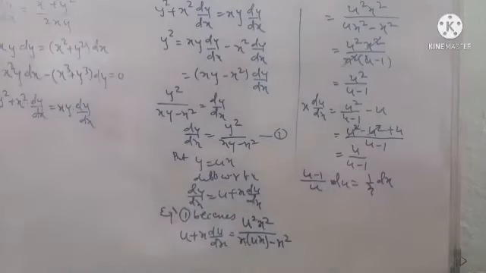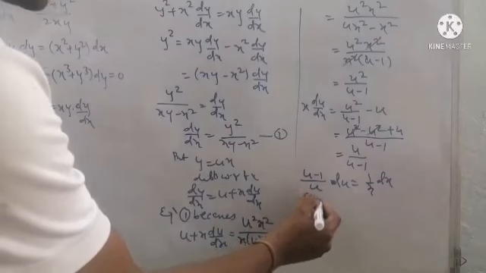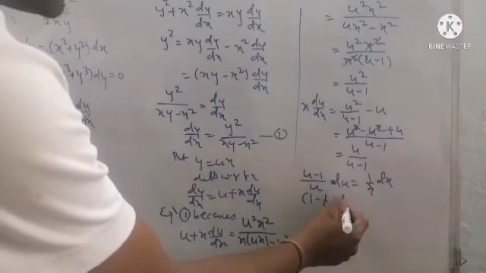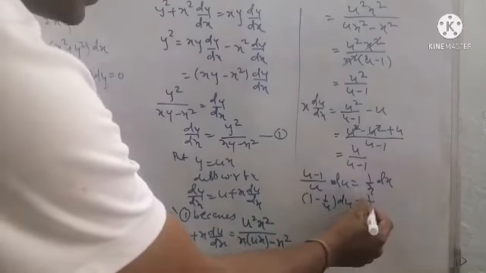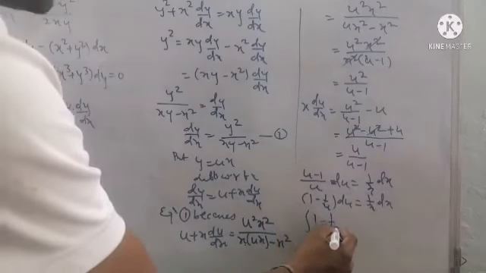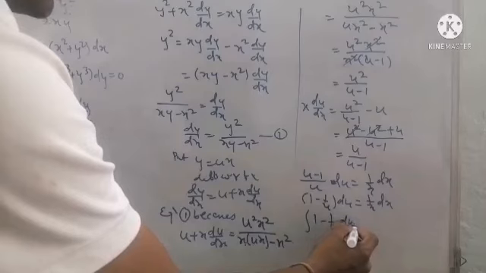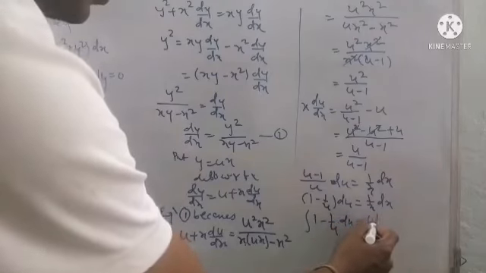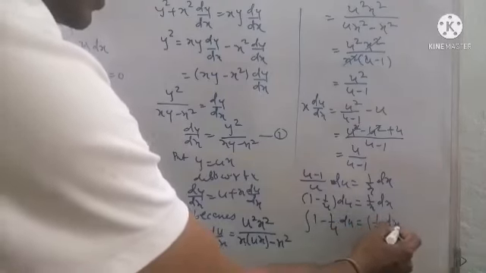Now to simplify this, I take integration on both sides. Before that, as u is a common denominator here, we separate this to get two terms in subtraction: the first term becomes 1 and the second term becomes minus 1 upon u, and du in multiplication. Now take integration on both sides, 1 minus 1 upon u into du on the left hand side and integration of 1 upon x on the right hand side.